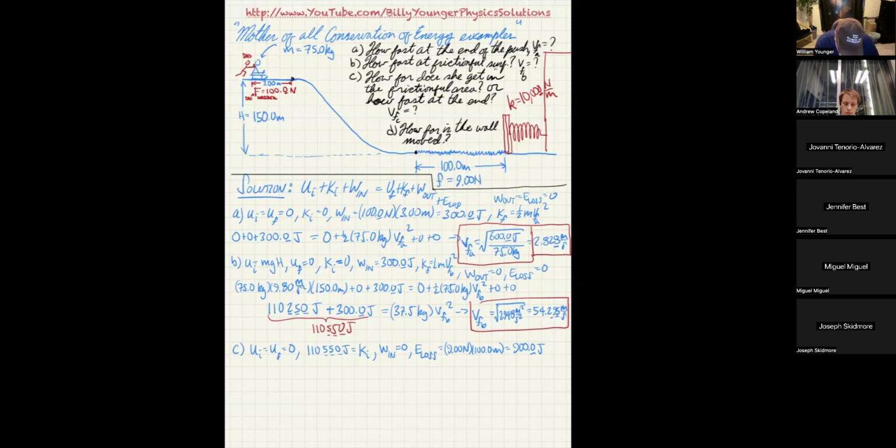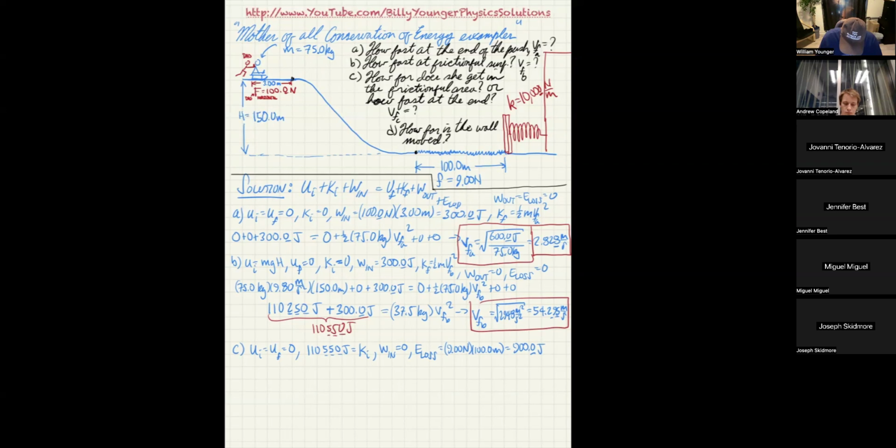So for part C, where I asked how far does she go, or does she get into the frictional area: if this number had exceeded 110,000, then E loss would be 9 newtons times X, and X would come up short of 100 meters and K final would be 0.